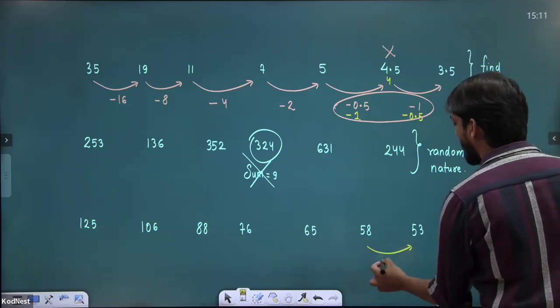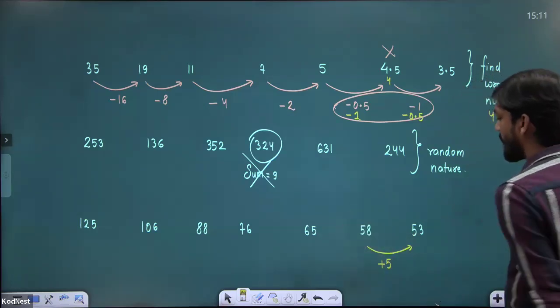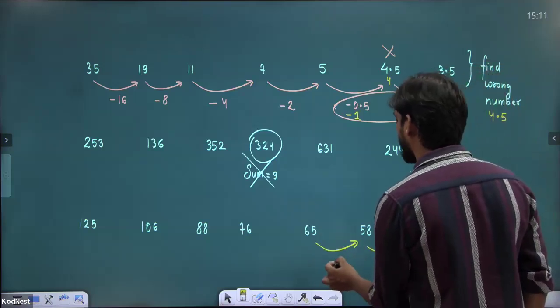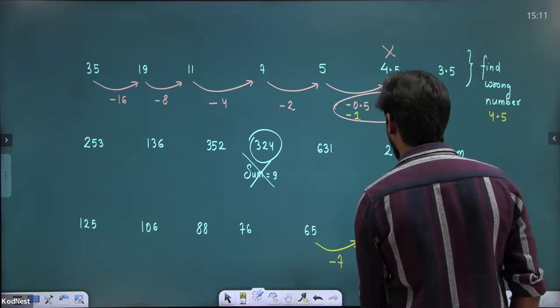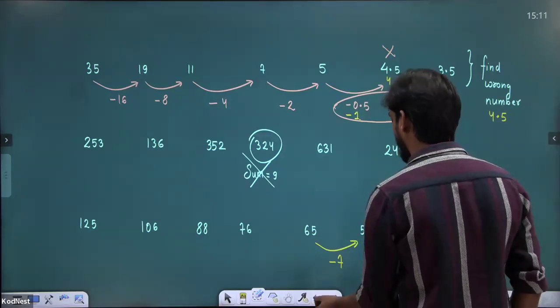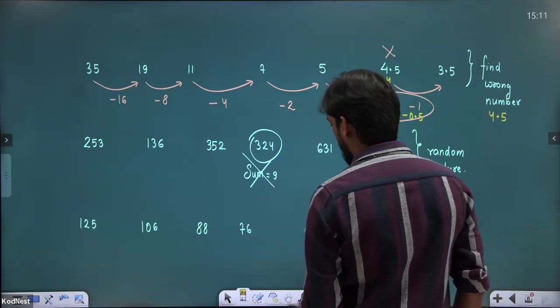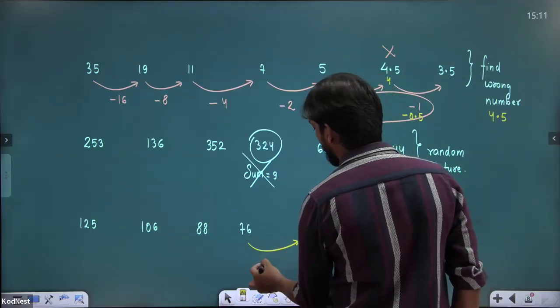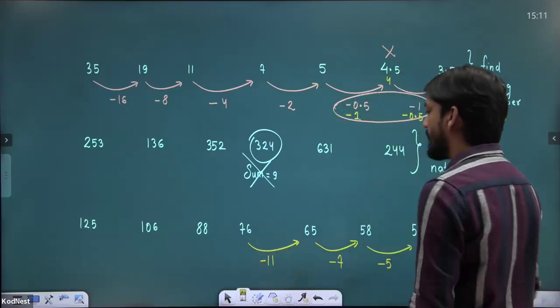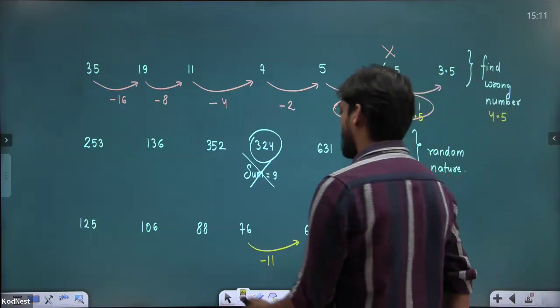So 58 minus 5. Okay, 65 minus 7. All right, 76 minus 11. 76 minus 11, 65. 88.